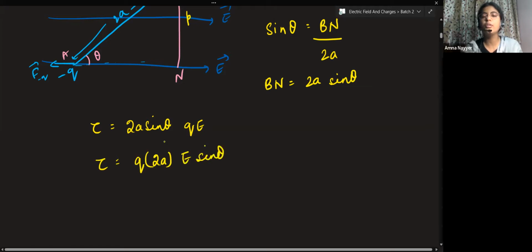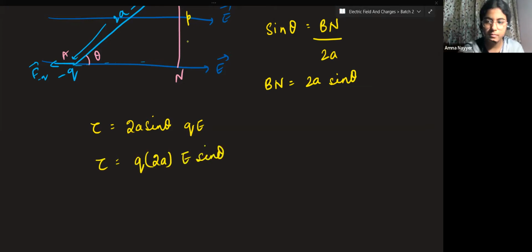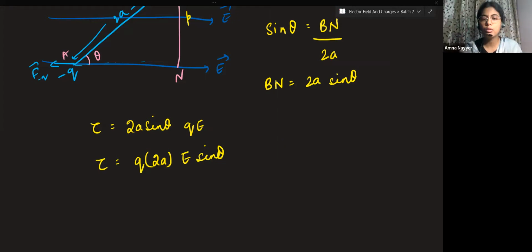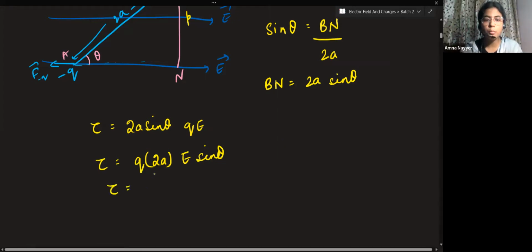Can anybody tell me what Q multiplied by 2a is? Yes, Fatima? Dipole moment. Dipole moment was Q into 2a. So torque is now P, the dipole moment, times E sine theta.